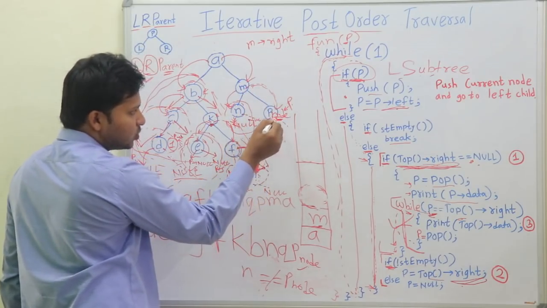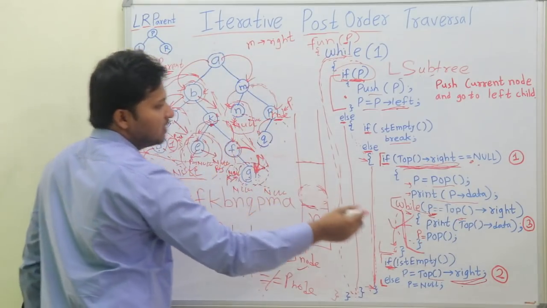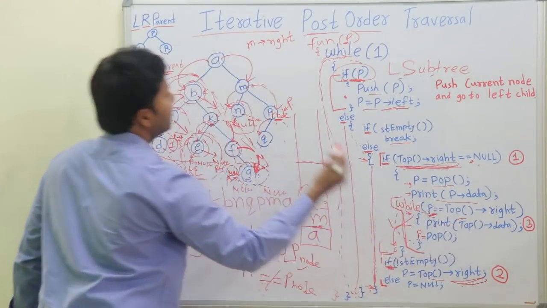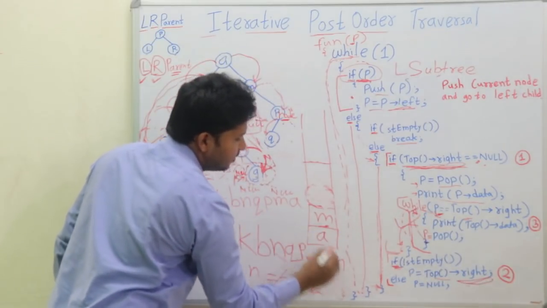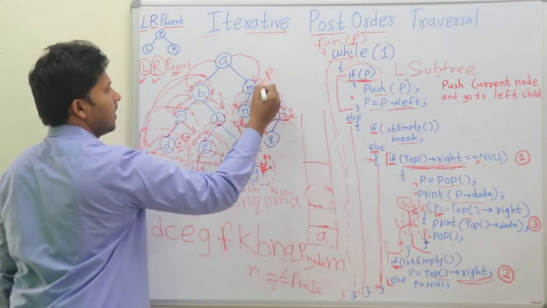So that means now you have to print the top node, that is m, so m is printed and then popped. Okay, so now p points to m.